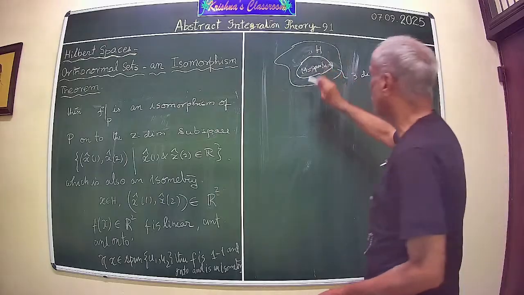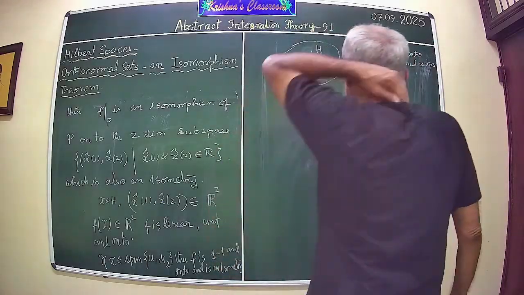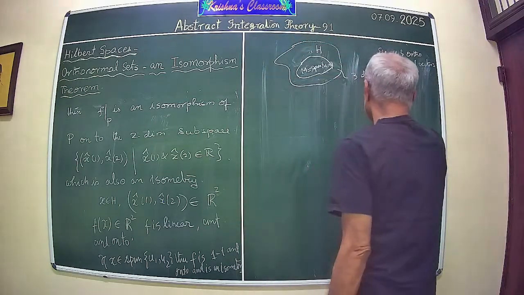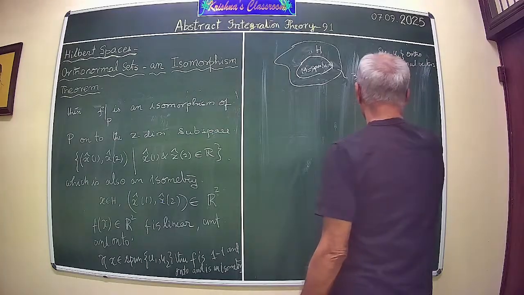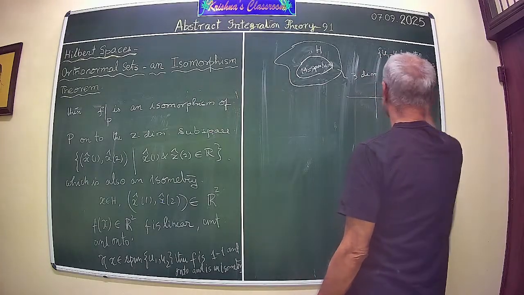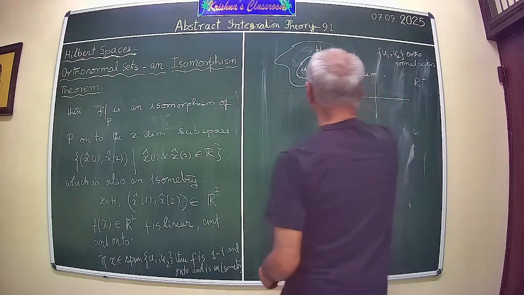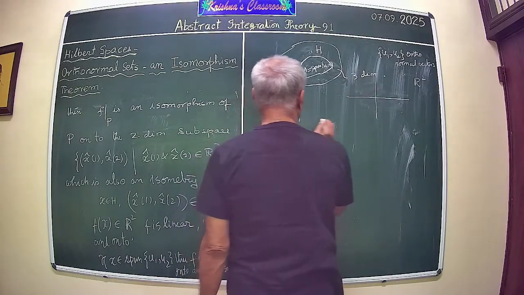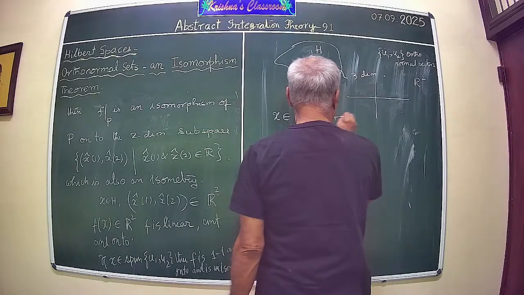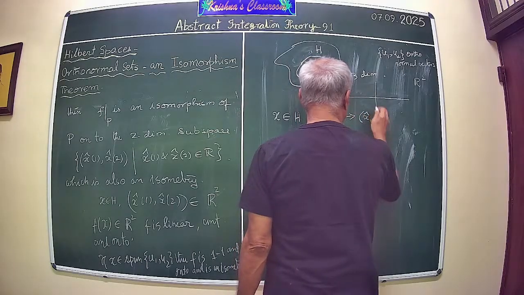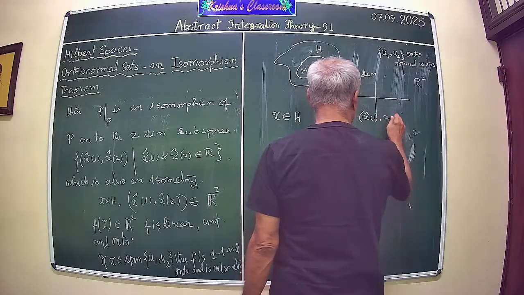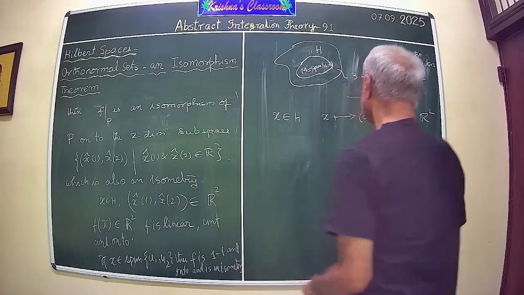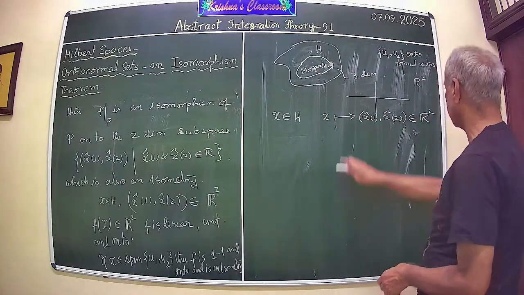You look at the span of this as M. Then what you get is you can find, in R3 or a two-dimensional space R2, that if X belongs to H, then X can be mapped to R2.